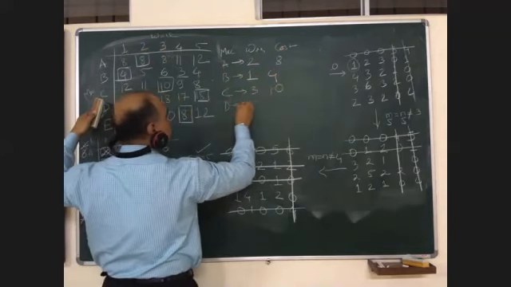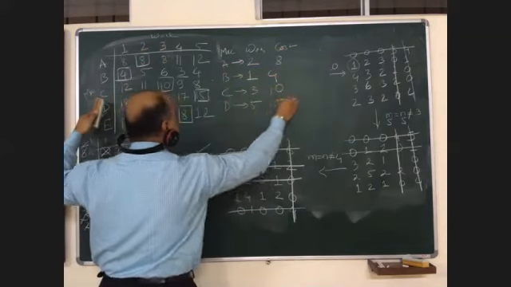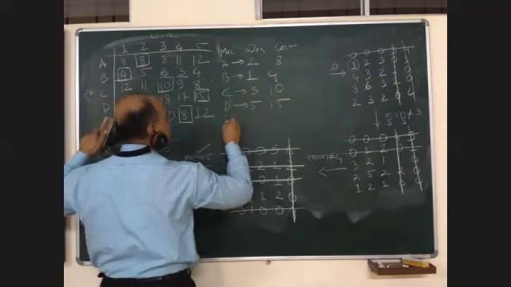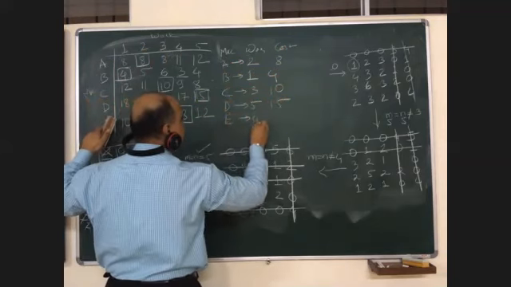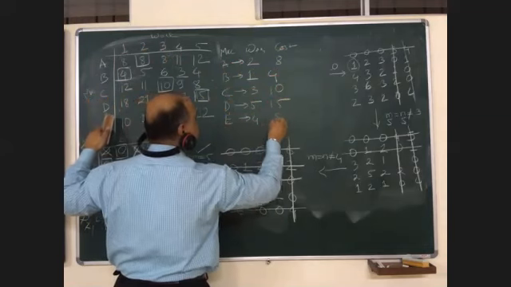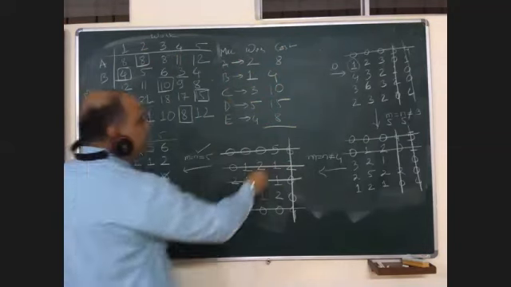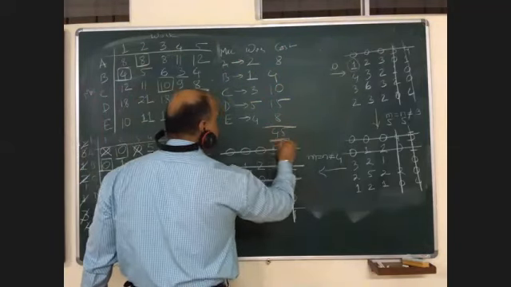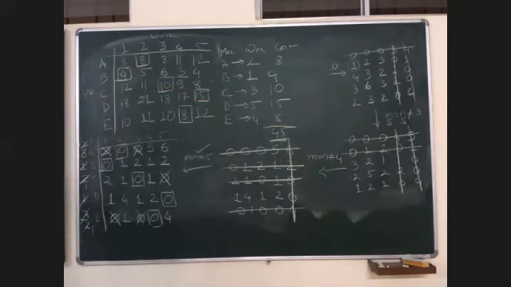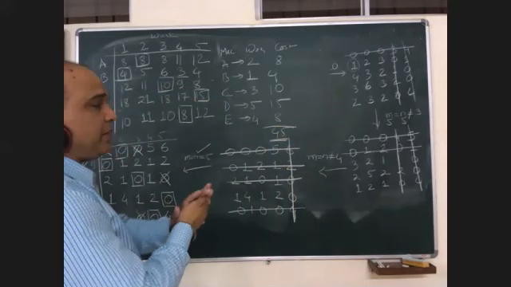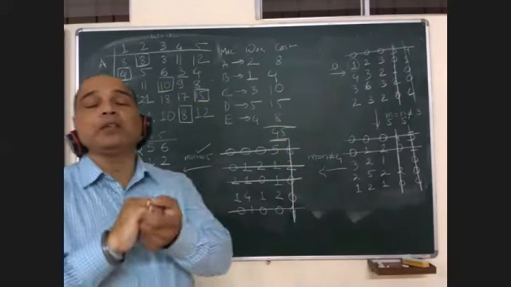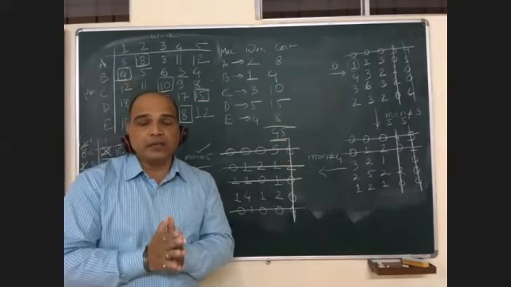D 5, 15. E 4, 8. And the total is how much? 45. This is all about assignment. So we completed 2 topics, transportation and assignment.